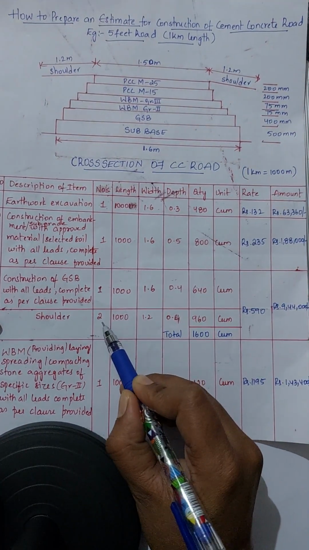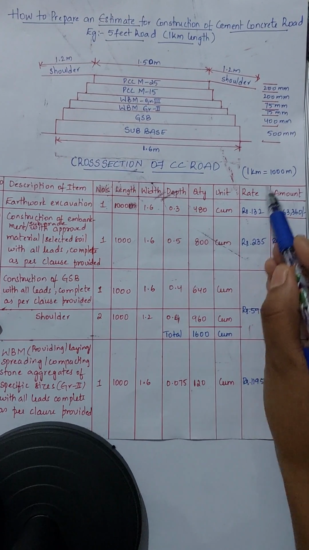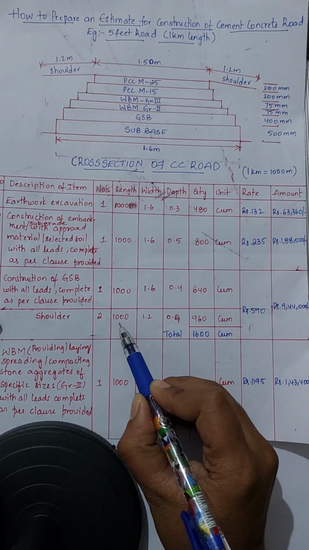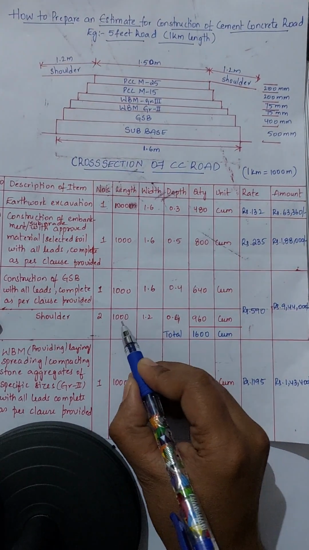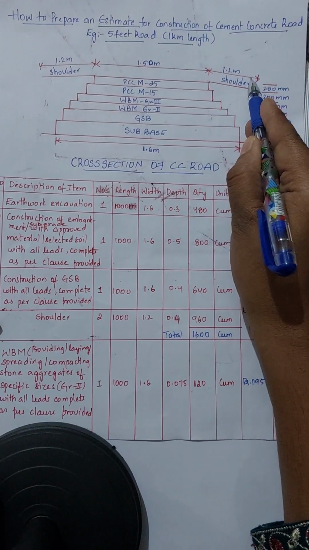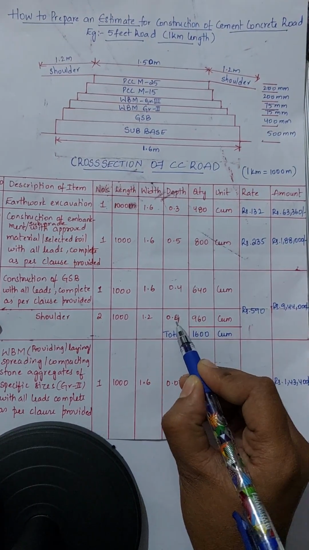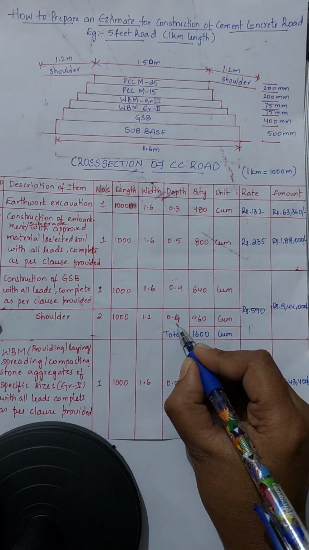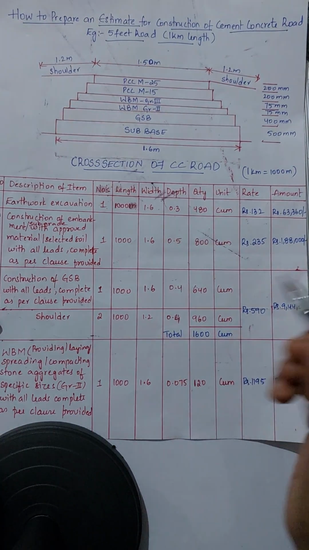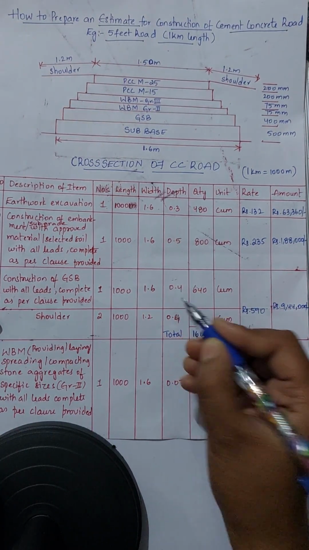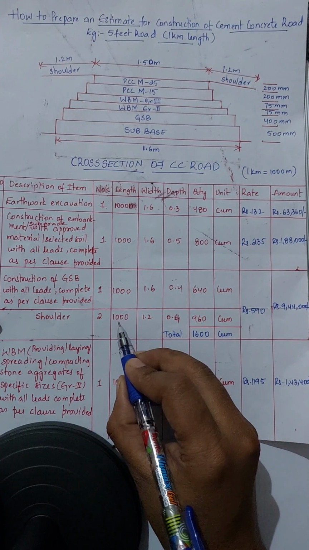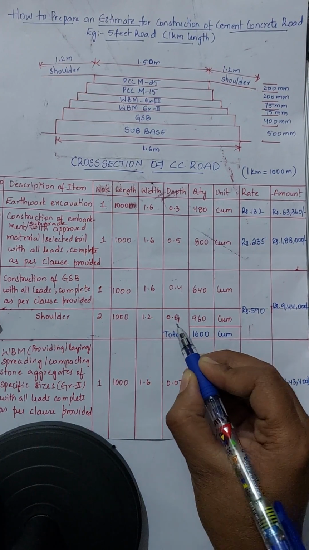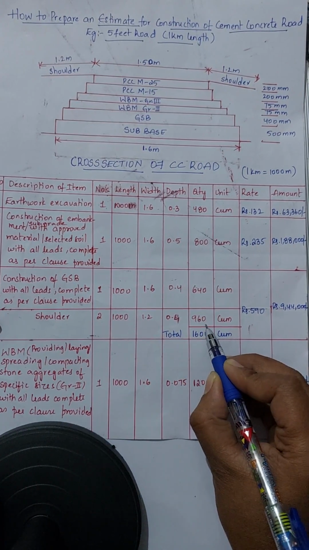So two numbers, 1000 meters into 1.2 meters, and the depth we are taking is 0.4 meters, same as for the GSB. After multiplication of 1000 into 1.2 into 0.4, we get 960 cubic meters.